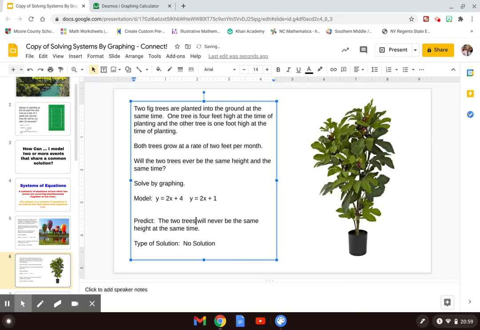If you also notice something here, both of these have the same slope or the same rate of change, which is 2x. So what we can also conclude here for type of solution where it is no solution is that whenever we have the same slope, we will have a no solution system of equations.